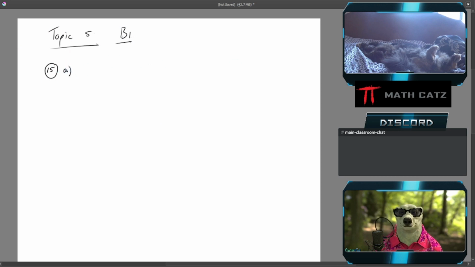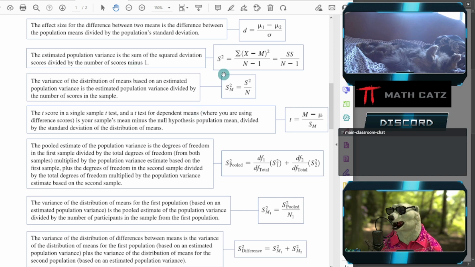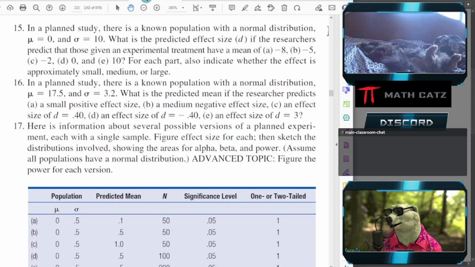Alrighty. So our effect size calculation, you can look at this number 6.1 for the effect size. It'll be the predicted or observed mean minus the stated one over the standard deviation.